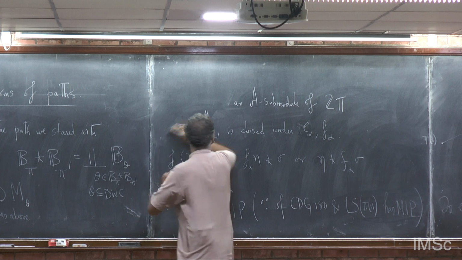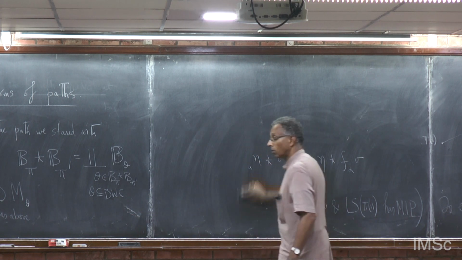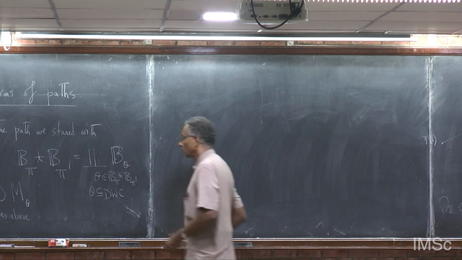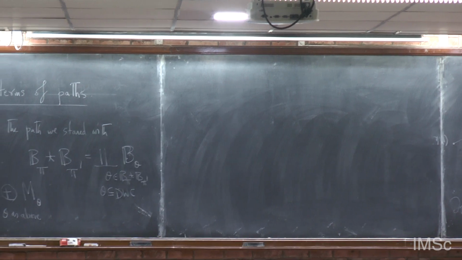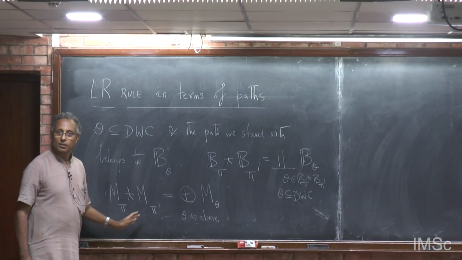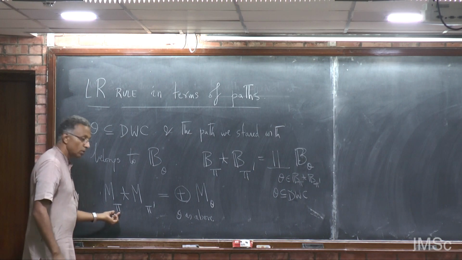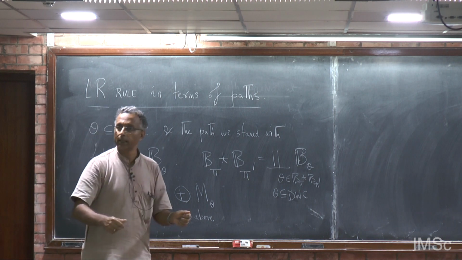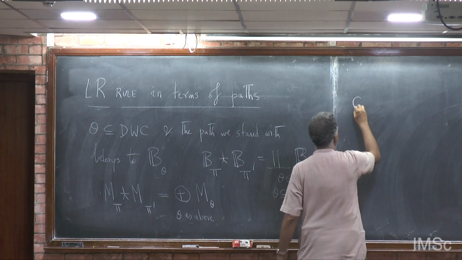Now let's take character. So how does the character behave? So this is just m pi tensor m pi prime, right? See, the concatenation, the endpoints will add, right? So please tell me, when I take character, what do I get?